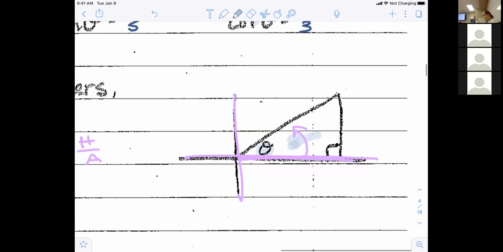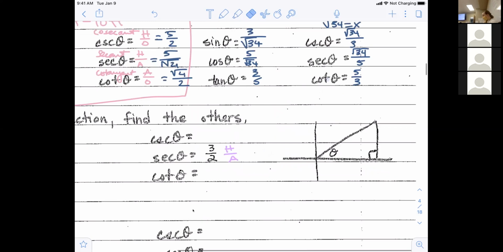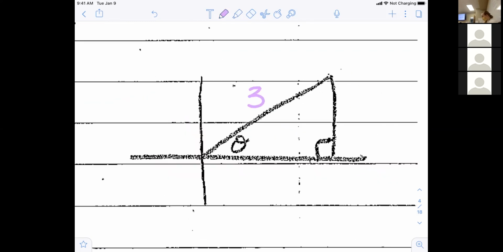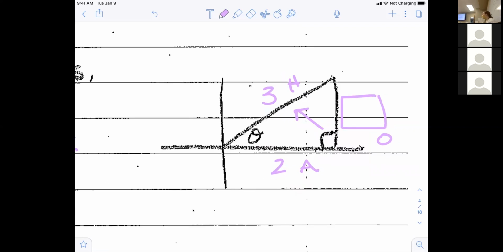So I wanted to review that. If my secant is 3 over 2, hypotenuse over adjacent, I'm going to put 3 as my hypotenuse and then 2 as my adjacent. It's important that my 2 is this side, not the other side. We don't know my opposite side, so we got to find it.